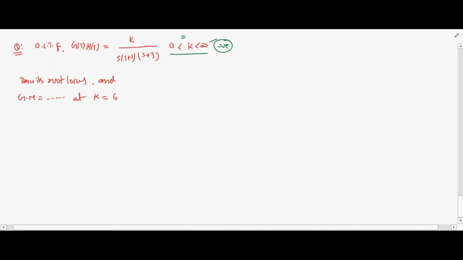If in the question the range of k is not given, then we assume that k is greater than 0 by default, right?